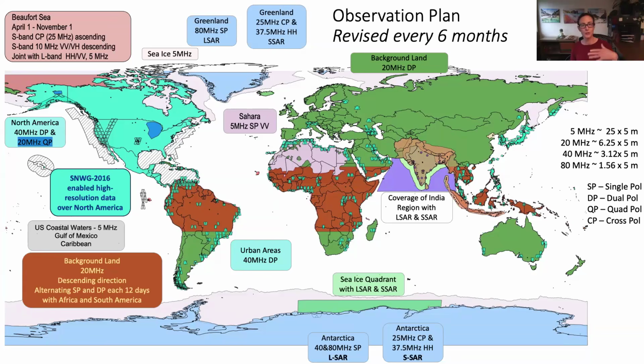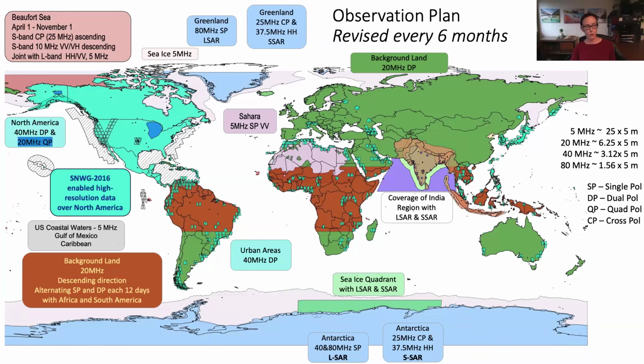It'll go from higher resolution to lower resolution. It'll change whether it's acquiring S-band and L-band or just L-band. All of those things will change. So when you're looking at the data, just be aware that these mode changes are likely to occur. And again, this gets revised every 6 months. They've already made some changes post-launch as they figure out which things work better in some areas and things like that.